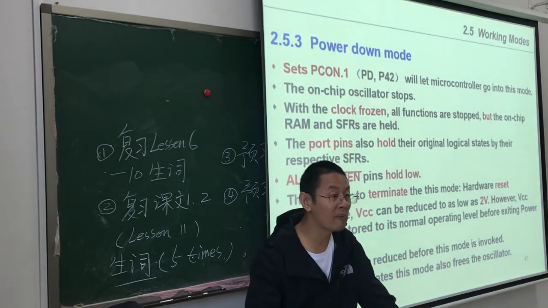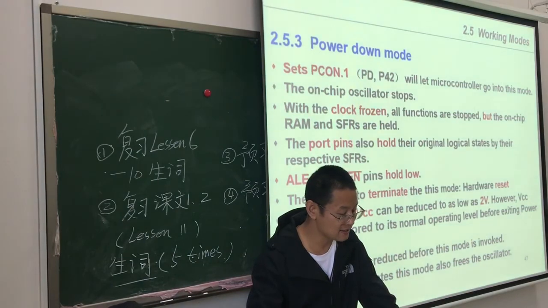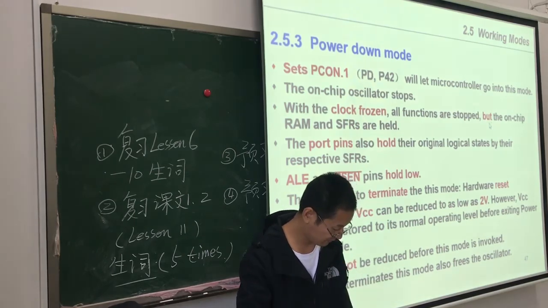Power down mode. Setting PCON.1 will let the microcontroller go into this mode. The on-chip oscillator stops with the clock frozen. All functions are stopped, but the on-chip RAM and SFRs are held.